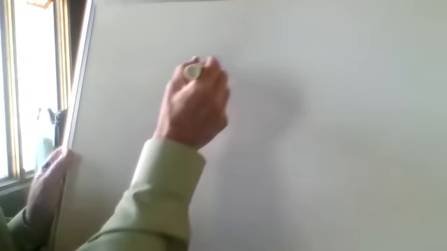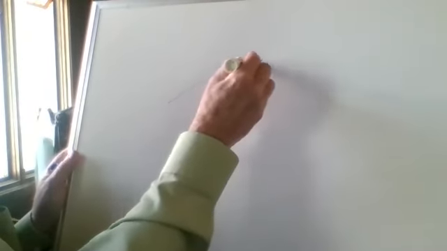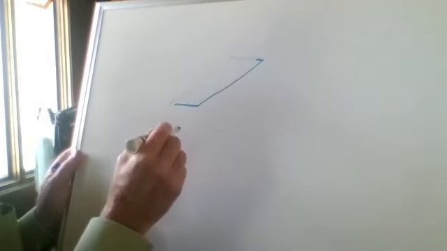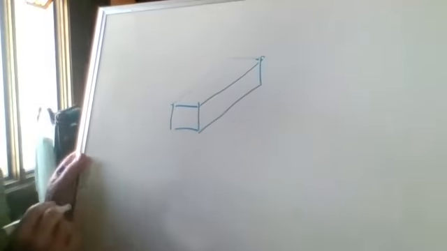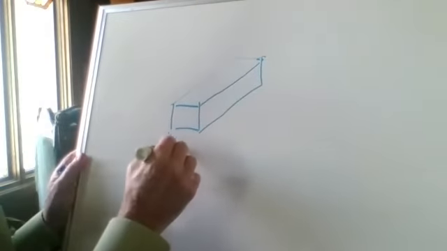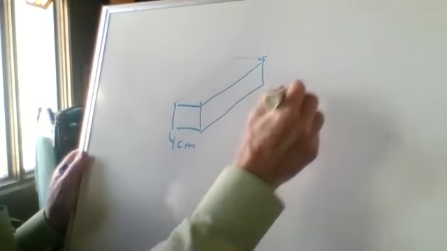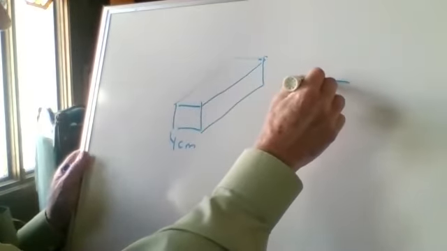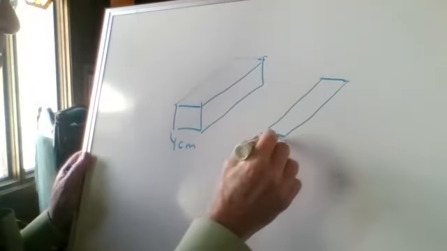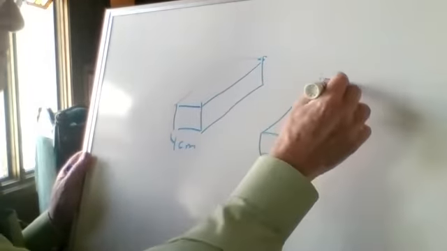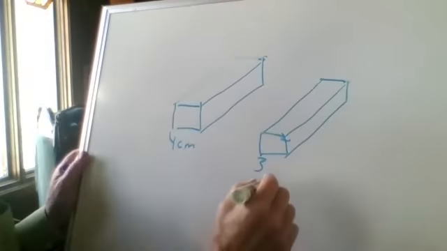I give you 2 prisms. Two rectangular prisms. This prism has 4 centimeters here, and then we have a smaller prism which has 3 centimeters here.